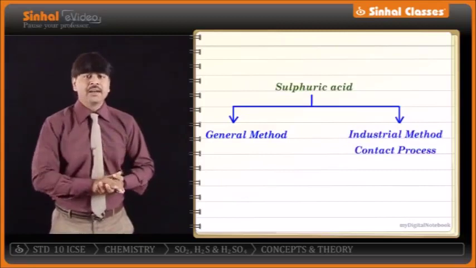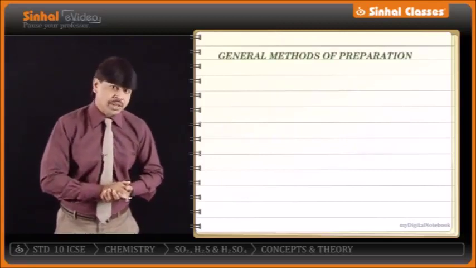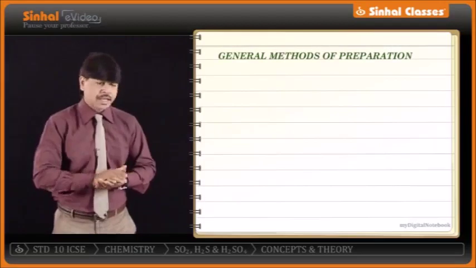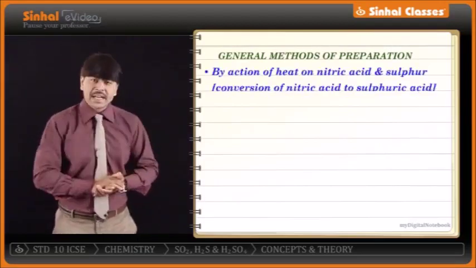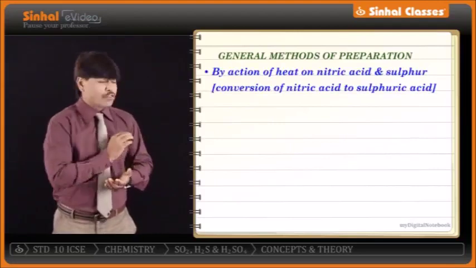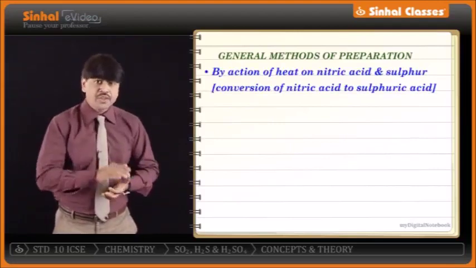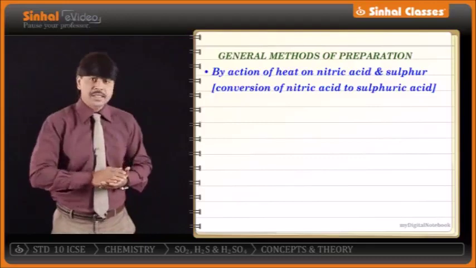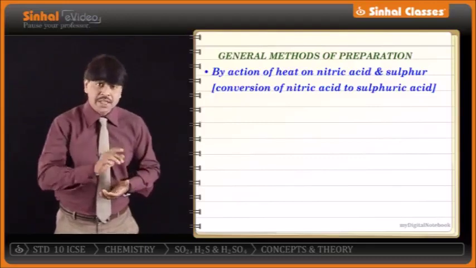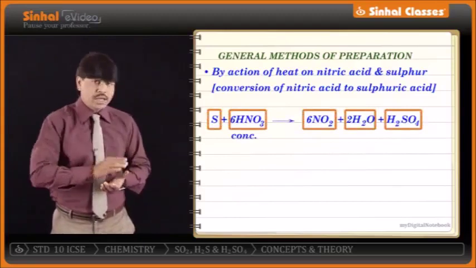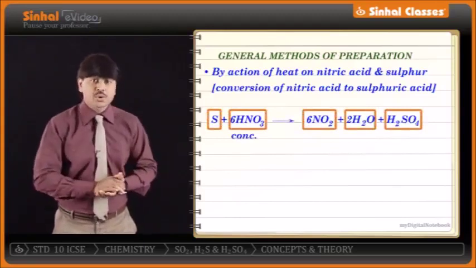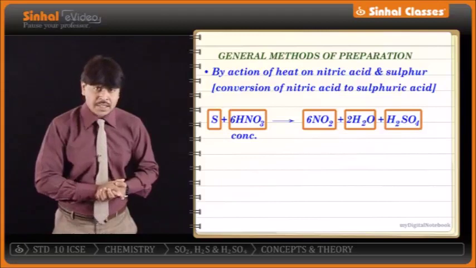To begin with, let's see some of the general methods. In the beginning, you can obtain sulfuric acid by heating nitric acid with sulfur. The reaction for this will be S plus 6HNO3 concentrated gives 6NO2 plus 2H2O plus H2SO4, that is sulfuric acid.